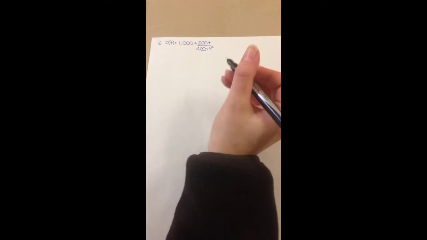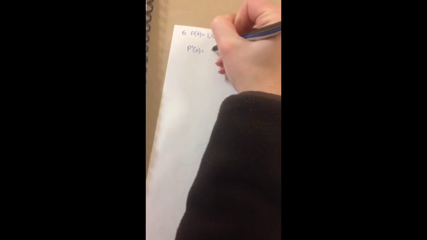So this is the equation, and then you take the derivative. So P prime of T equals 0 plus, and then you have to do the quotient rule.